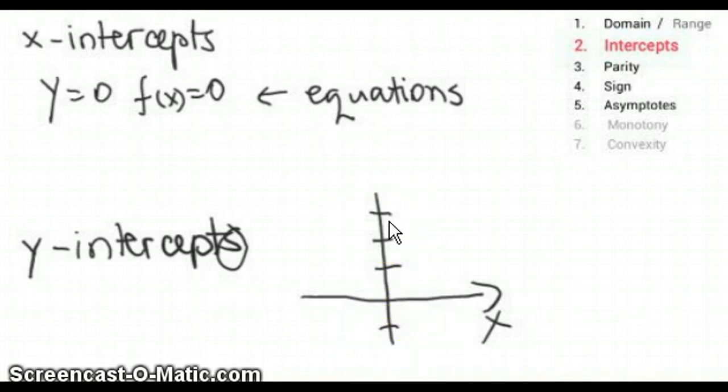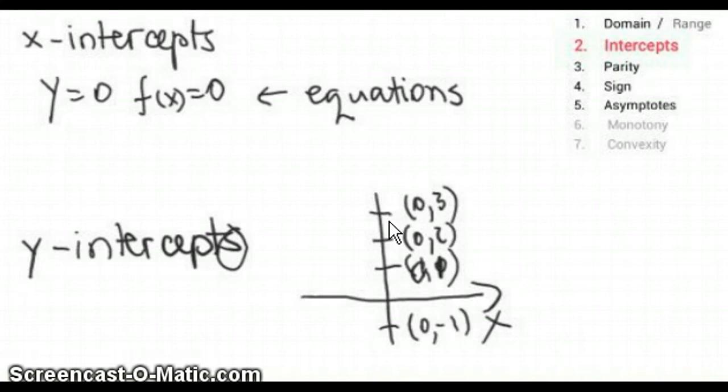But let's see what happens to the y-intercept. So roughly the estimation would be (0, 1), (0, 2), (0, 3), (0, -1). So what do you notice? In this case, x, the first coordinate, is always 0.